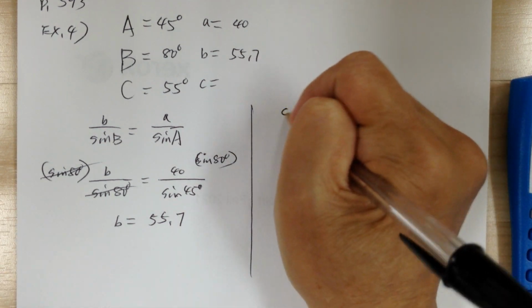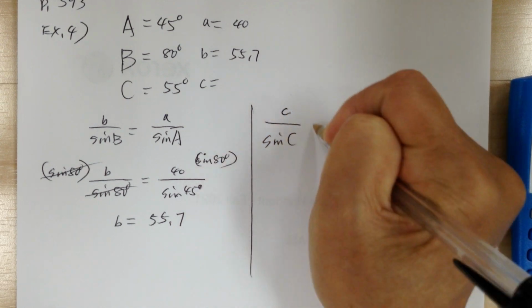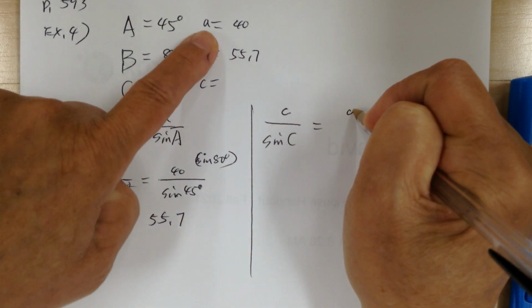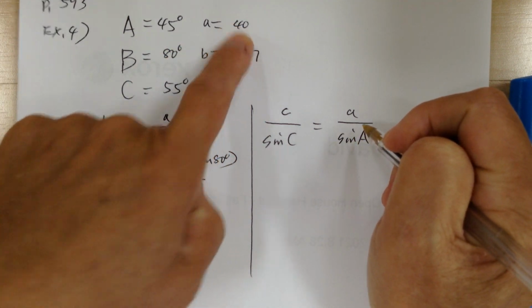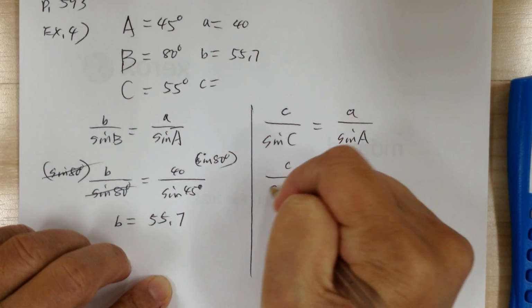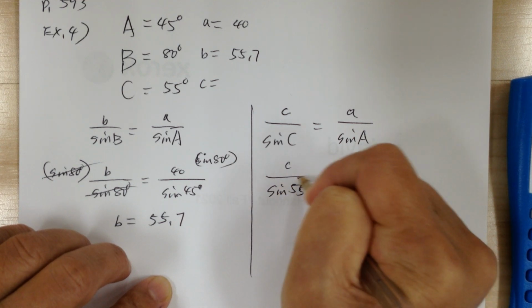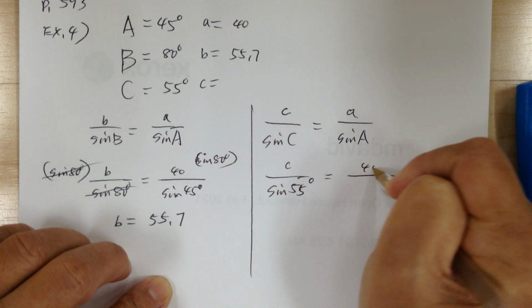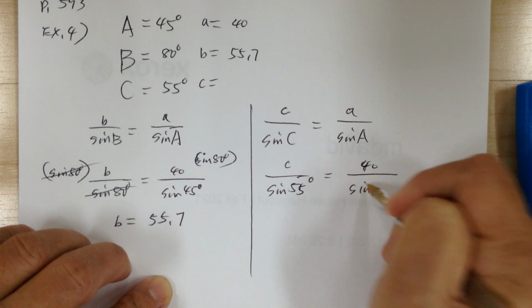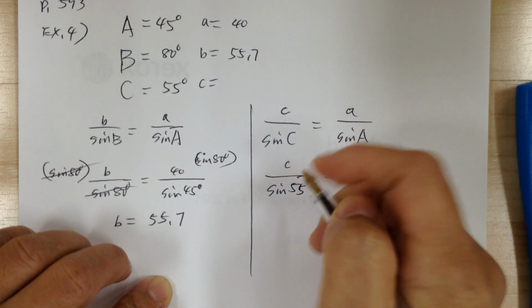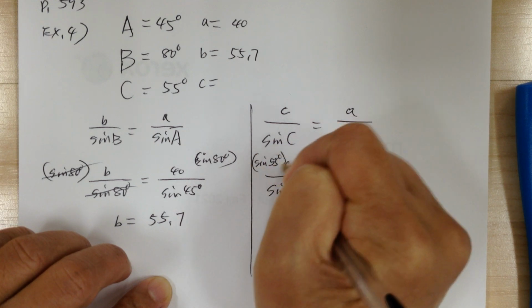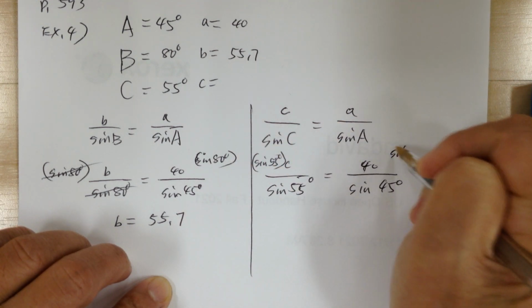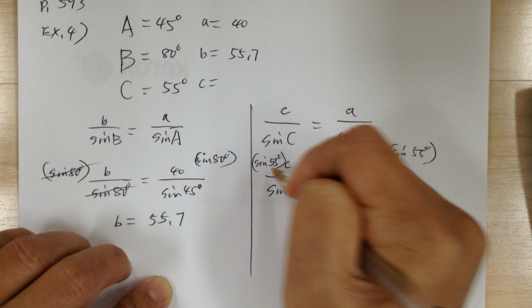Let's find C. So C over sine C equals A over sine A. Again, I want to use this number because it's more exact. Substitute all the numbers in there and multiply to get rid of the denominator, so this will cancel out.